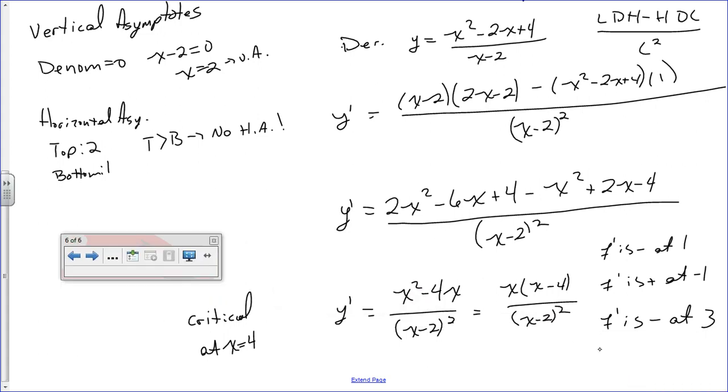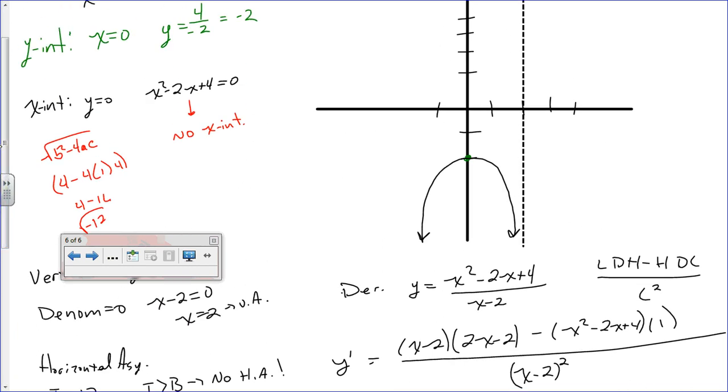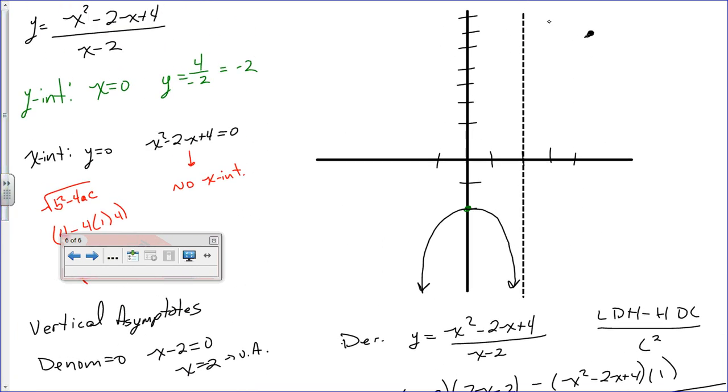Let's plug in 5. Put a 5 in here, you get a 1 times 5, so it's all positive. So we know it is increasing at 5 and decreasing at 3. So it's decreasing at 3, but then turns and goes back to increasing at 5.